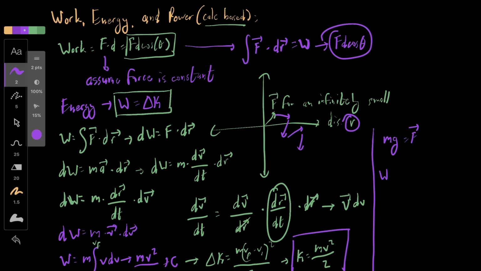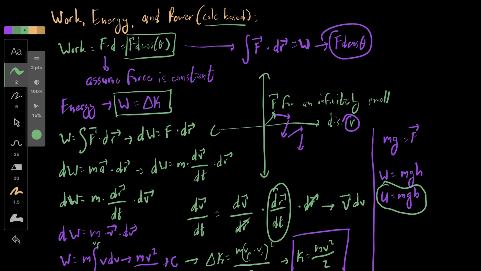That work is just force times distance. So mg times distance, or just mgh, and that's what our potential energy is equal to. That is relatively simpler compared to kinetic energy, but I do feel like the kinetic energy one is still pretty satisfying and very important for people to know, especially if they're doing calc-based physics.